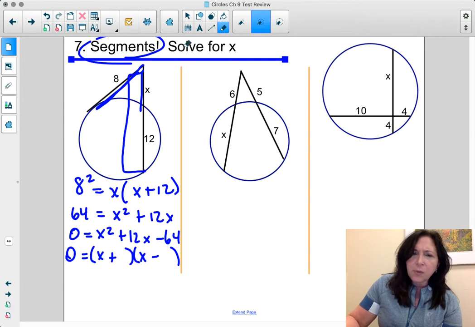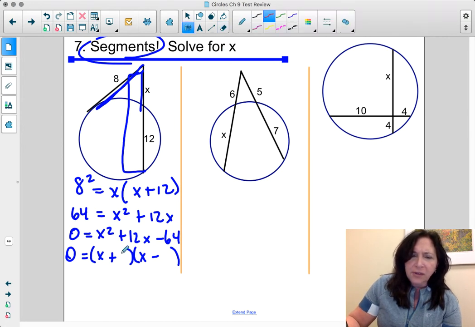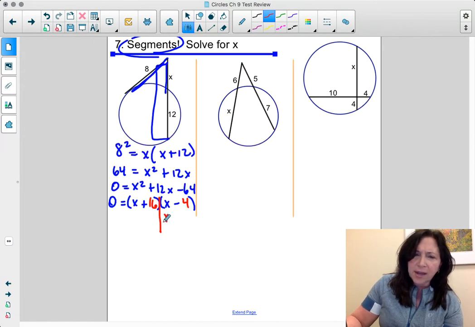It's positive 16 because you're trying to make a positive 12 here, so positive 16 and negative 4. When I split this up and set them both equal to 0, I get x minus 4 equals 0 and x plus 16 equals 0. I get x equals 4, and x equals negative 16.